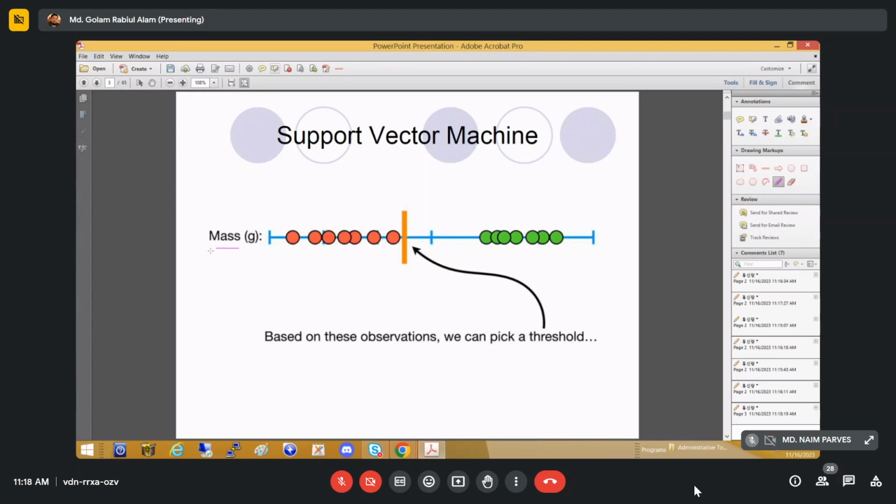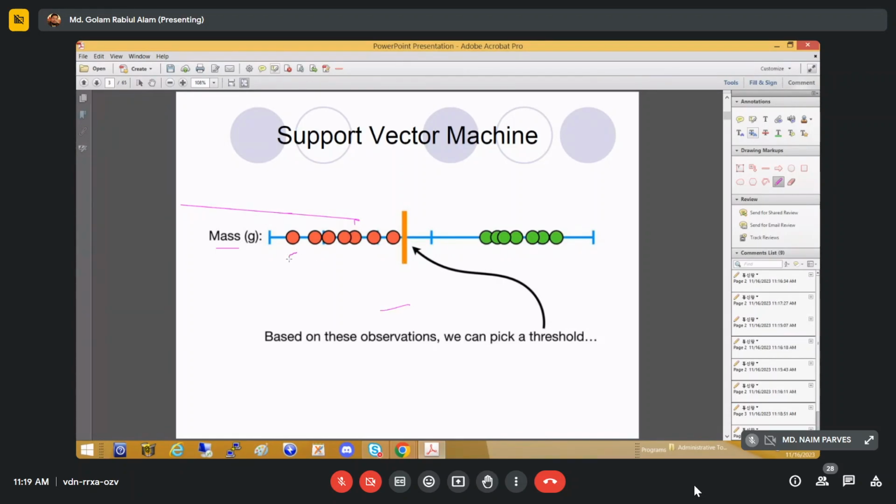So based on the weight, consider that this is the weight, like maybe 50 kilogram or something. Okay.